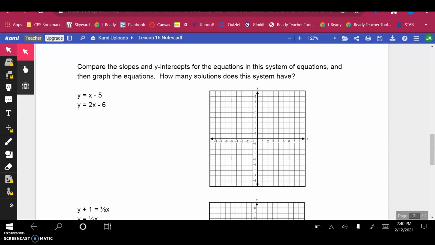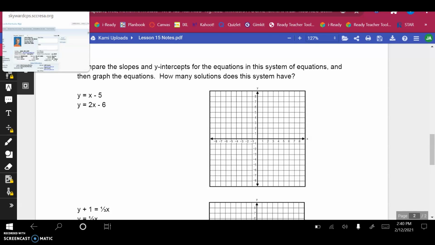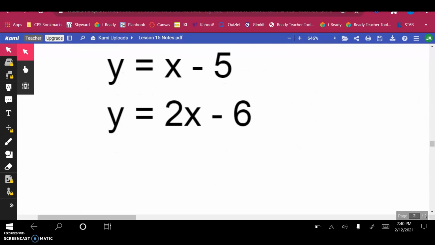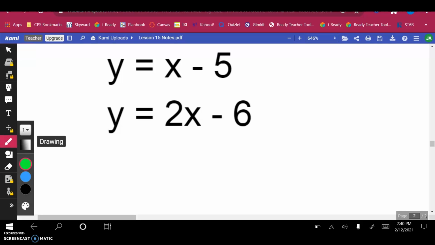All right, so we are going to compare the slopes and y-intercepts for the equations in this system, and then we're going to graph the equations. So how many solutions does this system have? Compare the slopes and the y-intercepts first. Remember, the slope is m, and the slope is in front of x.